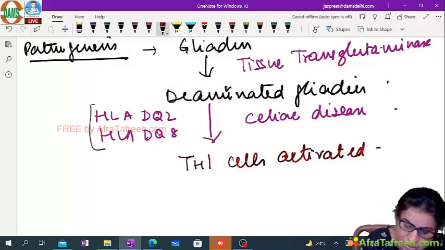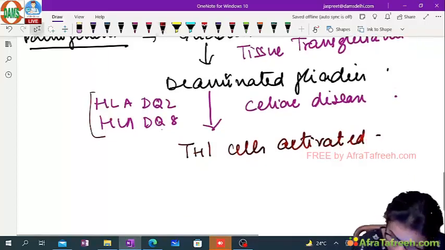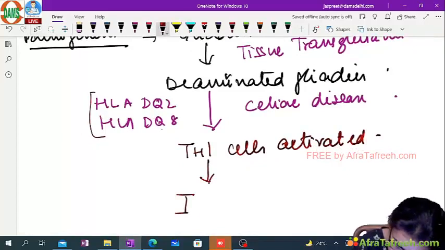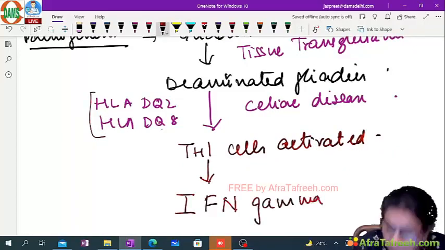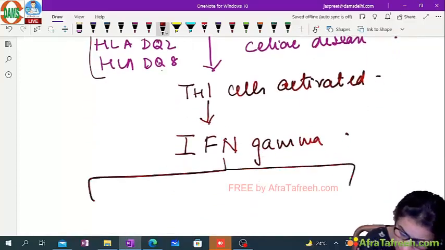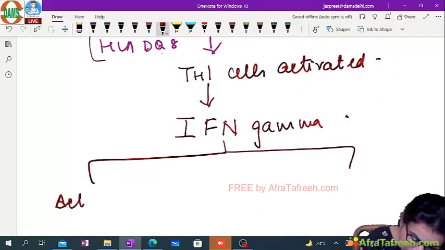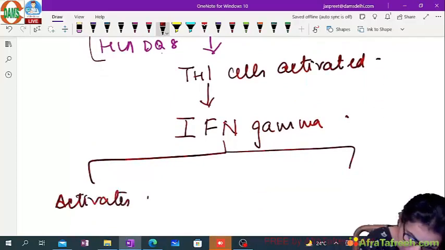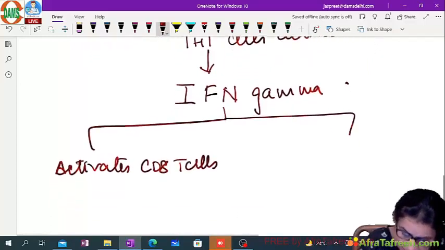Patients with celiac usually have HLA-DQ2 and DQ8, and T helper 1 cells get activated. These T helper 1 cells now produce a very important cytokine which you already know, that is interferon gamma. Interferon gamma, number one, activates CD8 T cells.